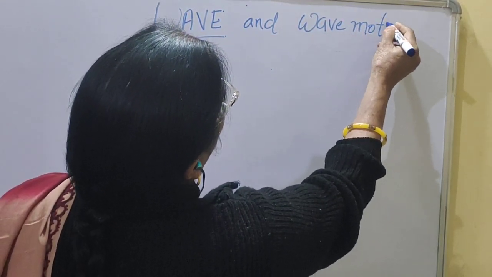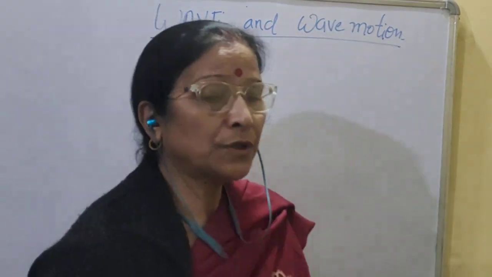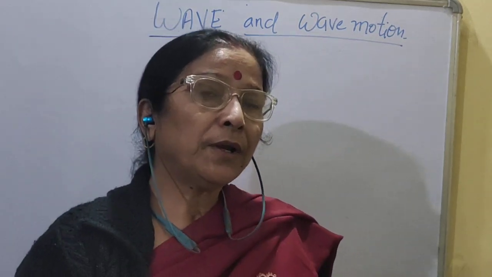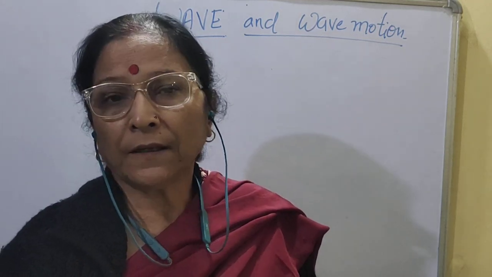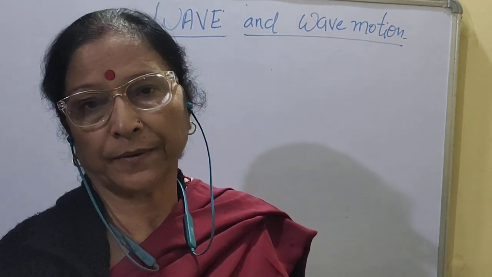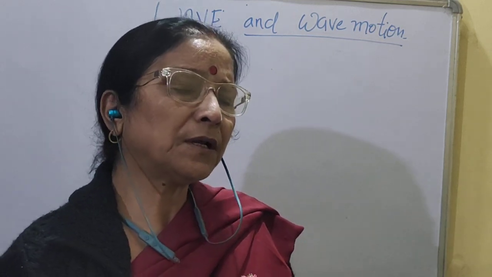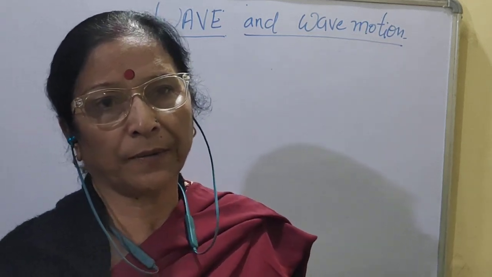Although this term is not given in our NCERT book, we should know this one, wave and wave motion. Whenever any disturbance is created in a medium, that disturbance is called wave.